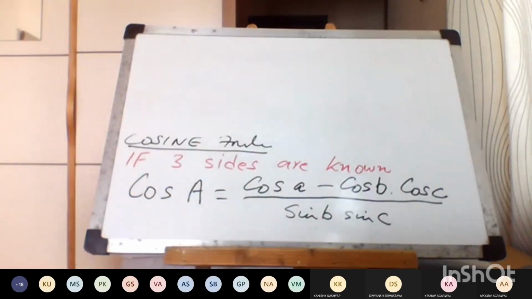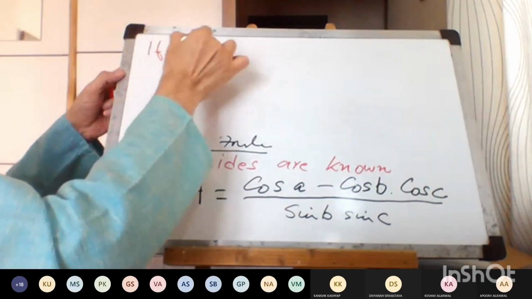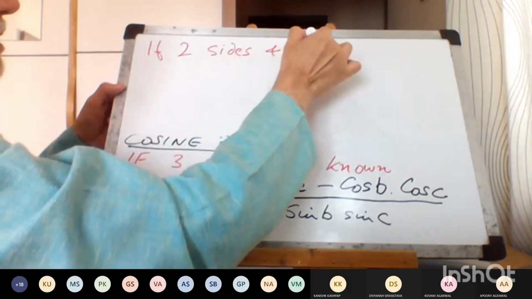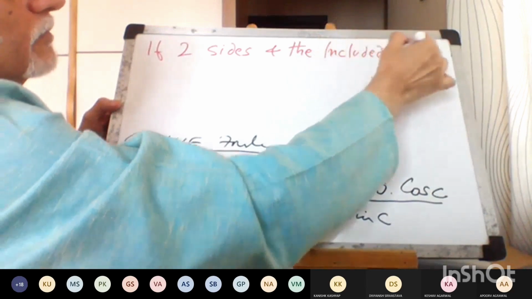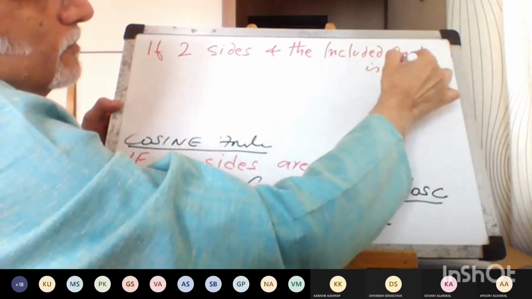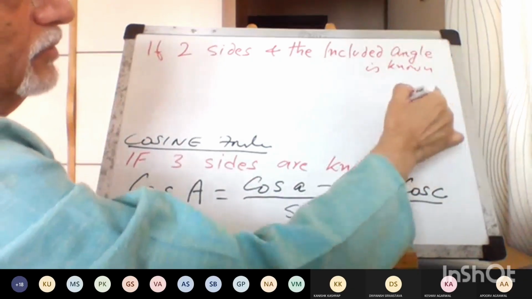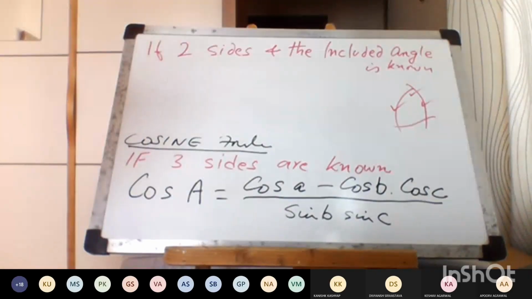Which is the next one? If two sides and the included angle is known, then it is what?